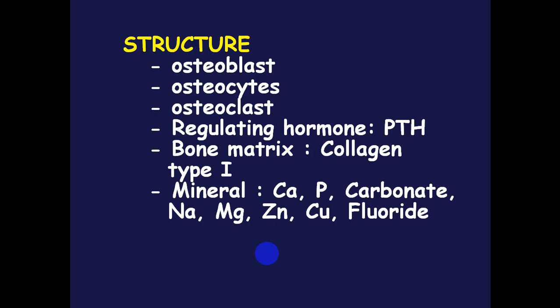If we look closely, in more detail, bone is regulated by many cells. The main cells that regulate the bone structure are first osteoblasts, then osteocytes, and osteoclasts. Those are the three kinds of main cells that regulate bone functions.